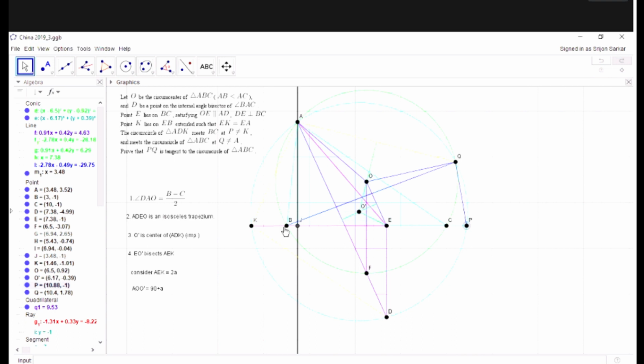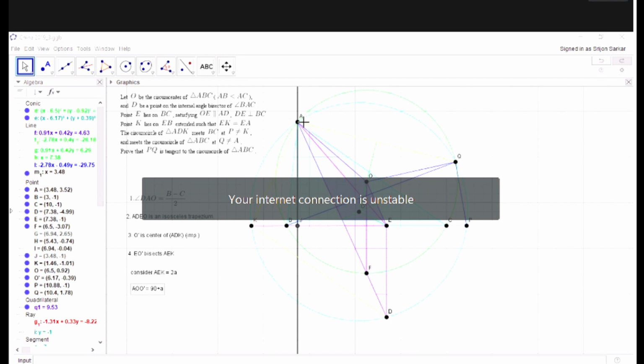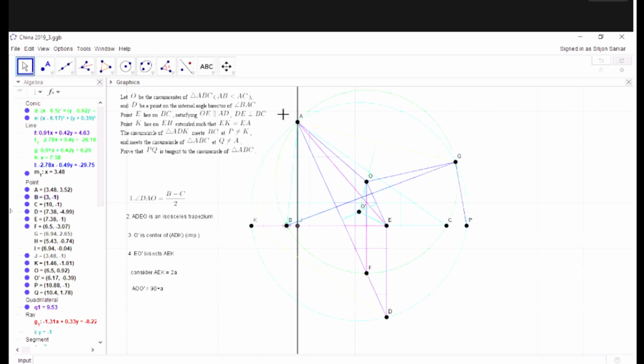So we get AKP equal to 180 minus AQP, and that's why we get ABQ equal to 180 minus AQP. Use LaTeX. Okay, cool.